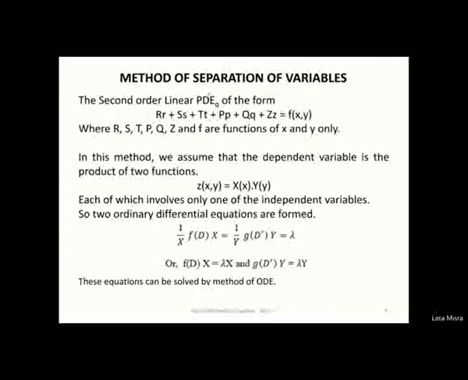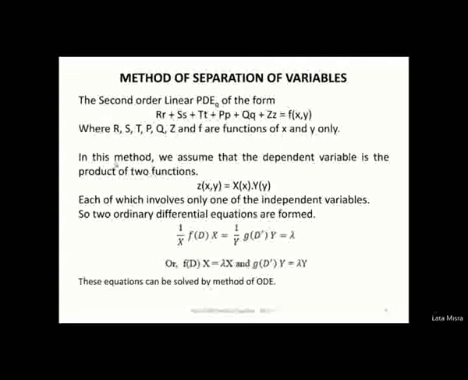Method of separation of variables. Here we consider the second order linear partial differential equation as capital R small r plus capital S small s plus capital T small t plus capital P small p plus capital Q small q plus capital Z small z equal to a function of x, y, where R, S, T, P, Q, Z and the function f are also functions of x and y only.